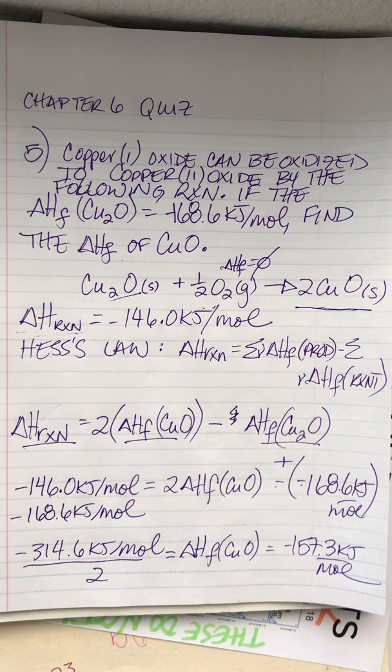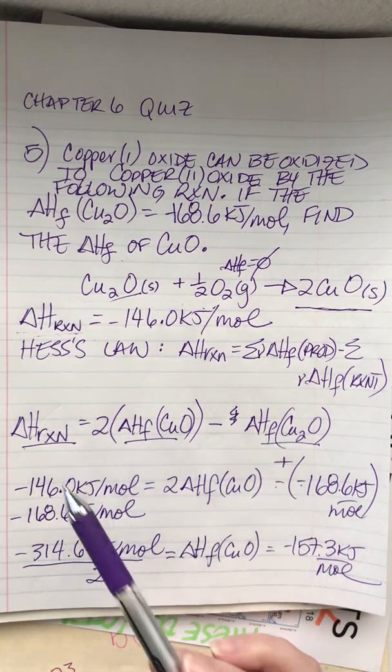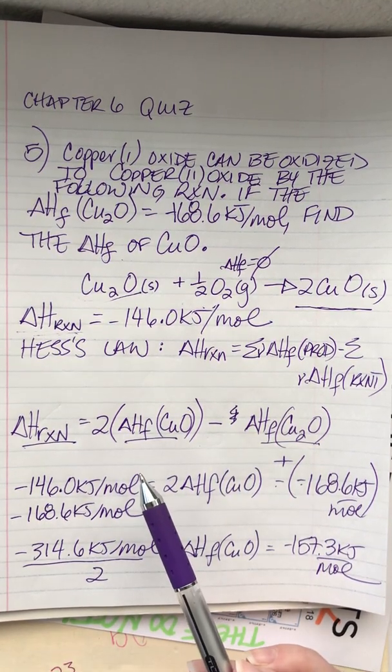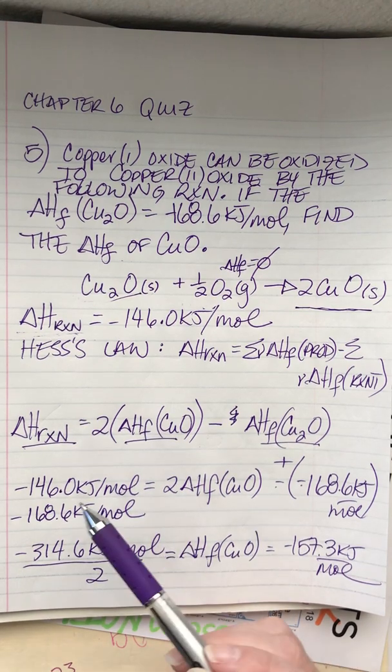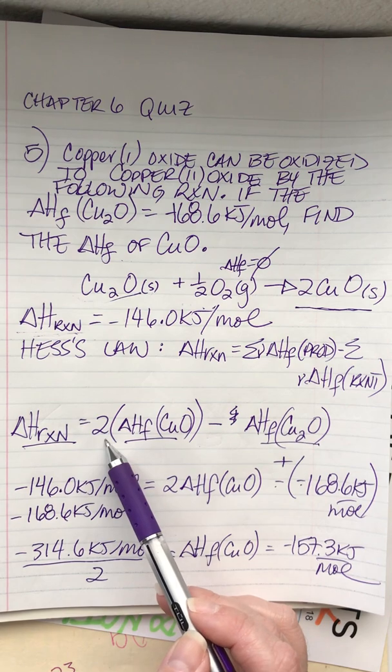It was way easier than what I was doing. You know what? It's funny, because I would say that's the number one thing I see with Hess's law problems, is that the students just try and make it way harder than it is. It's actually a pretty simple procedure, but it's also really easy to mess up a sign somewhere and then get a wrong answer. But the most important thing with Hess's law is don't forget about the stoichiometric coefficients.